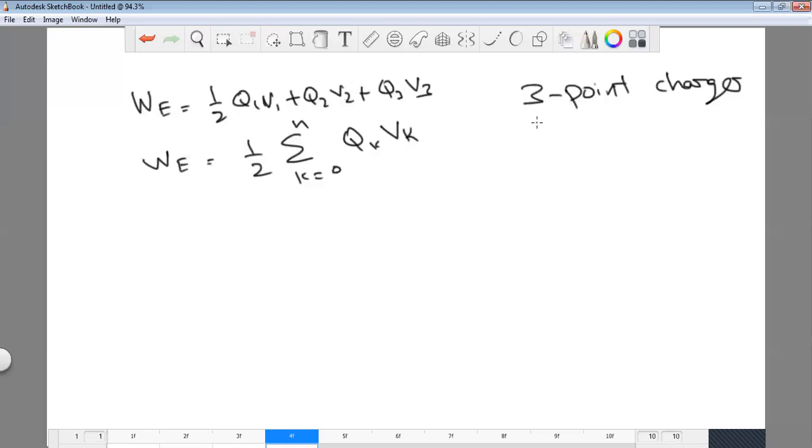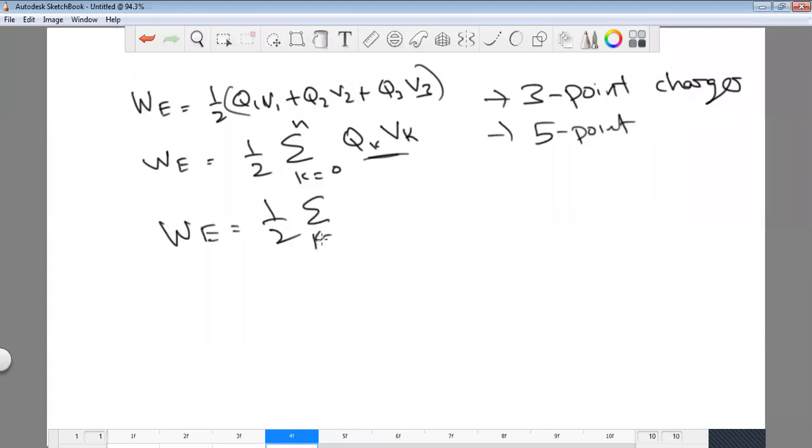For example, if we take five point charges, the result is 1 by 2 of Q1 V1 plus Q2 V2 plus Q3 V3 plus Q4 V4 plus Q5 V5. Depending upon the number of point charges, the k value increases. So the work done W suffix E equals 1 by 2 sigma k equals 1 to n of Qk Vk is the total work done.